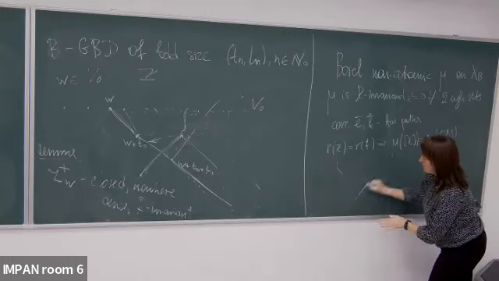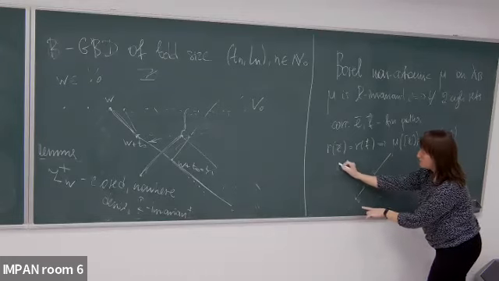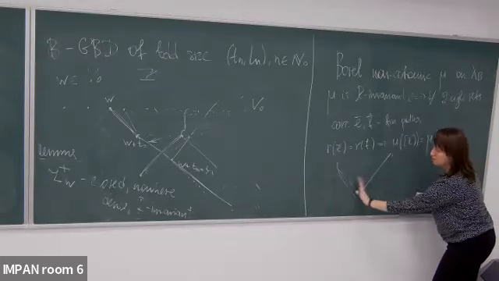So if we have finite paths which have the same lengths and end in the same vertices, they generate cylinders, and the measure should be the same.